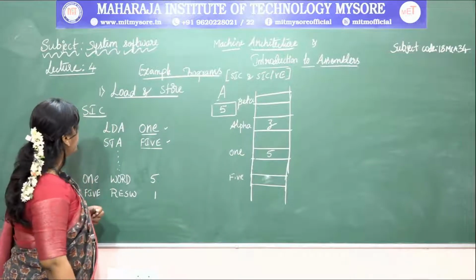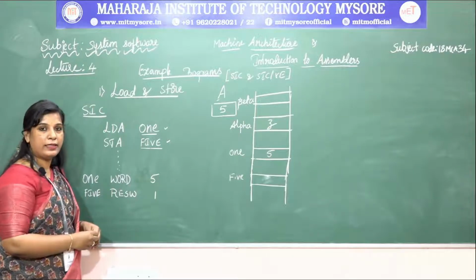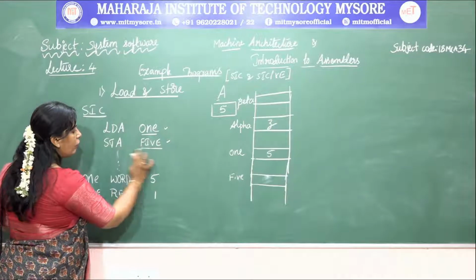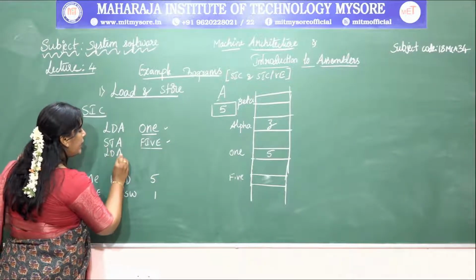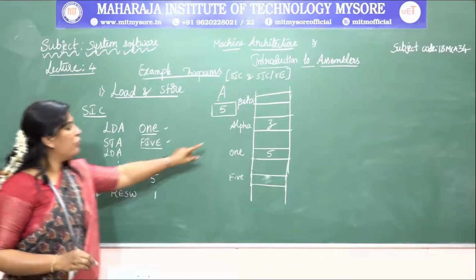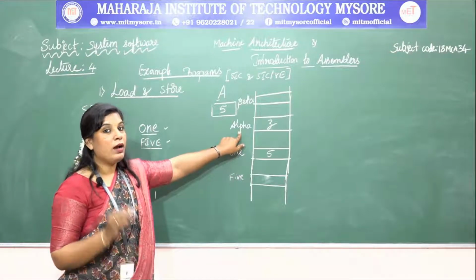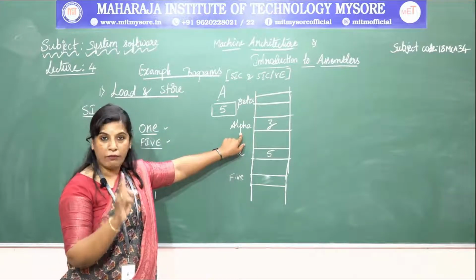Right. So in this case, in the same program I am going to include the remaining part. After this instruction, I am going to load the accumulator with the value which is present in alpha. What does the alpha memory location have? A character Z. For representing a character, how many bytes are required? Only 1 byte.